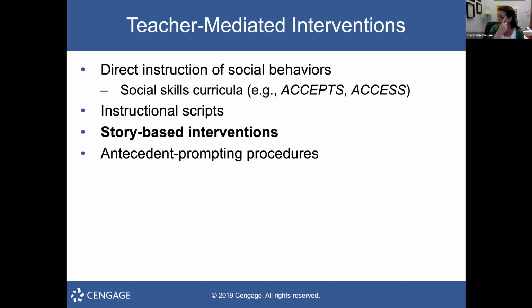We don't want that to happen. If you start seeing the student becomes dependent on that teacher providing some type of prompt, then you need to change it up. You either need to switch interventions, or you need to create a new contingency reinforcement system that is rewarding and reinforcing to the student in a different way, so you can fade that prompt as soon as possible.